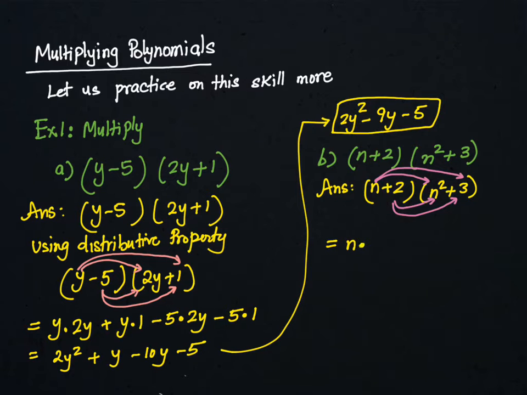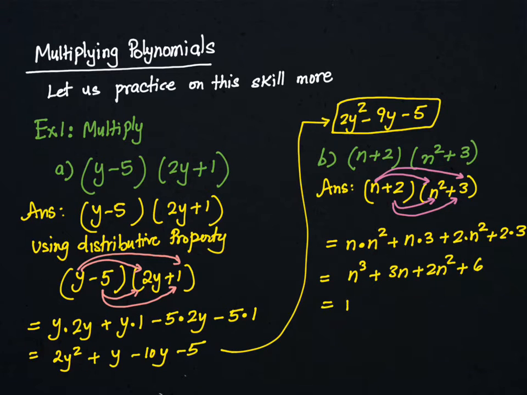So n times n squared, n times 3, 2 times n squared, 2 times 3. n times n squared is n cubed, 3n, 2n squared plus 6. n cubed plus 2n squared. So always in standard form, remember. Decreasing order of degrees.